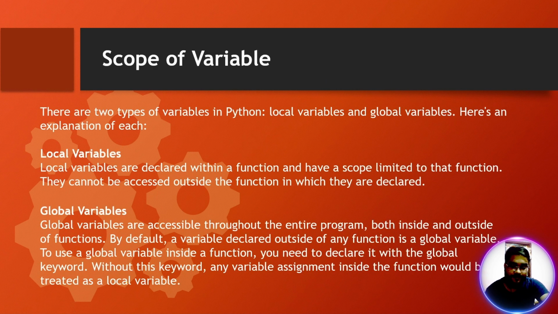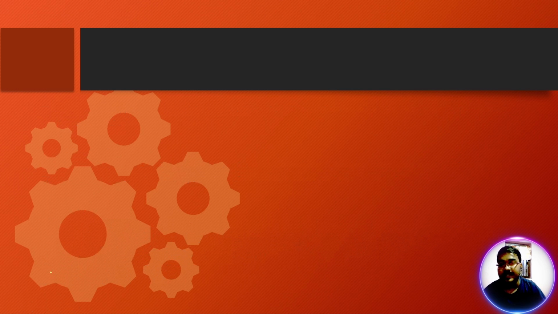So here we will discuss the scope of a variable. Whenever we discuss the scope of a variable, what is a scope? Before deep diving into it, first let's understand what a scope is.